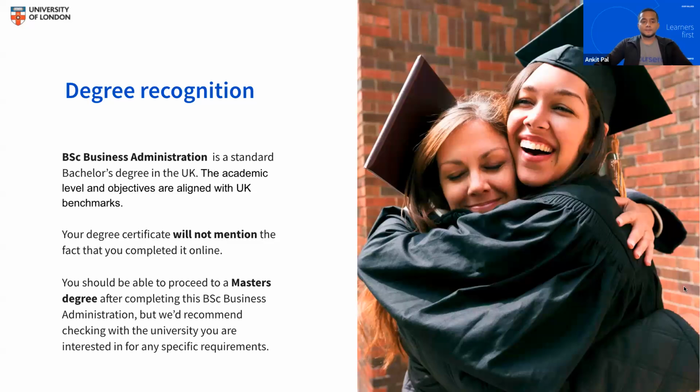Now, as we go on to the next slide, the BSc Business Administration is a standard bachelor's degree in the UK. The University of London holds the standard of this program to the same expectations of a UK Business Administration degree. The academic level and objectives are aligned with UK benchmarks. Your degree certificate will not mention Coursera or the fact that it was completed online.